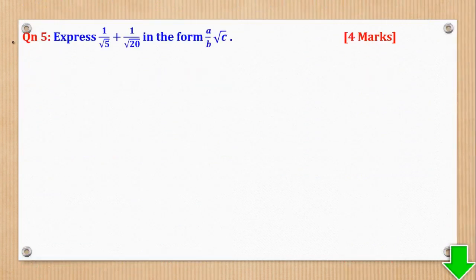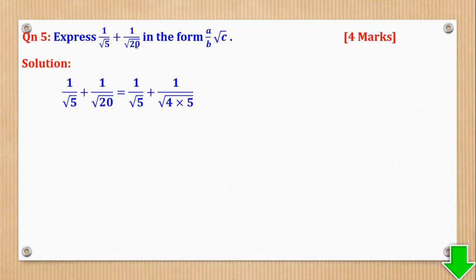That was question 4. Now question 5 says express this in the form that. So that was about surds. Okay. Now the first thing to realize is 20 is the same as 4 times 5. And 4 is a perfect square, meaning the square root of 4 is 2.